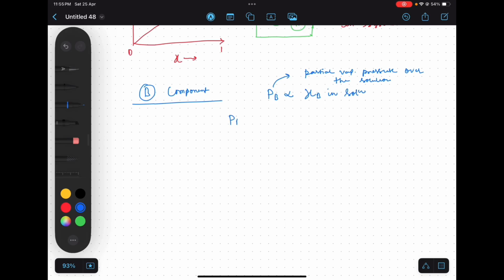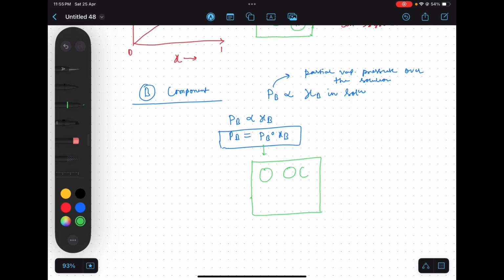So we can write PB is proportional to XB, and by putting the proportionality constant, we get PB naught multiplied by XB. Now you can easily understand that PB naught is the condition when we have only B component in a particular system.